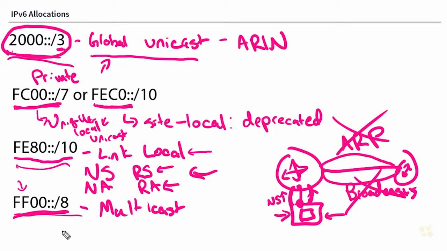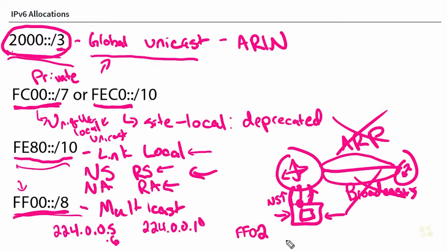Think about OSPF for a second. OSPF communicates in IPv4 on 224.0.0.5 or 224.0.0.6. And then we can take it a step further and think about EIGRP, which communicates on 224.0.0.10. When we talk about this in IPv6, the only thing that really changes is the first section.